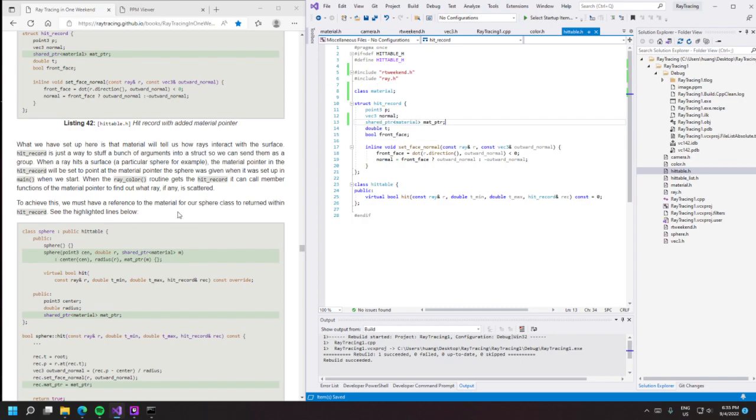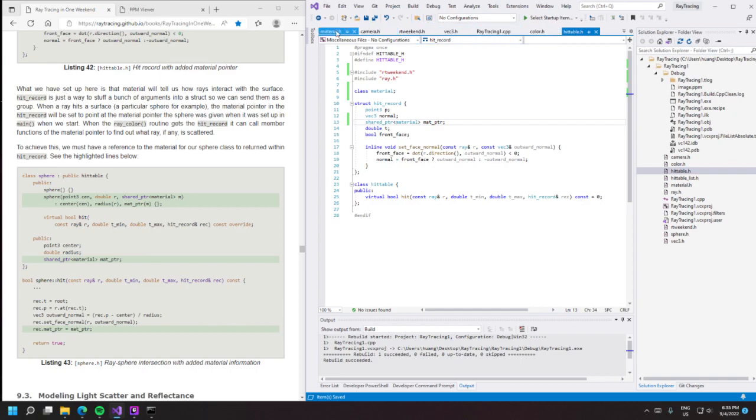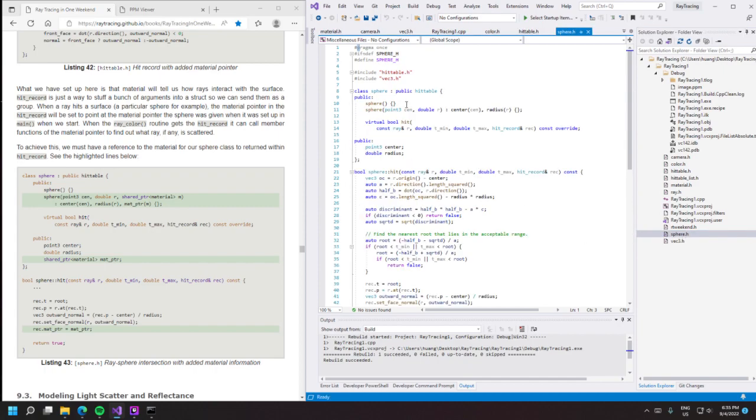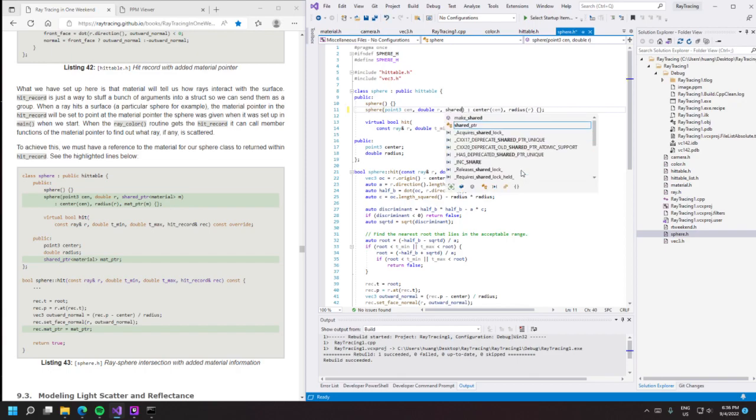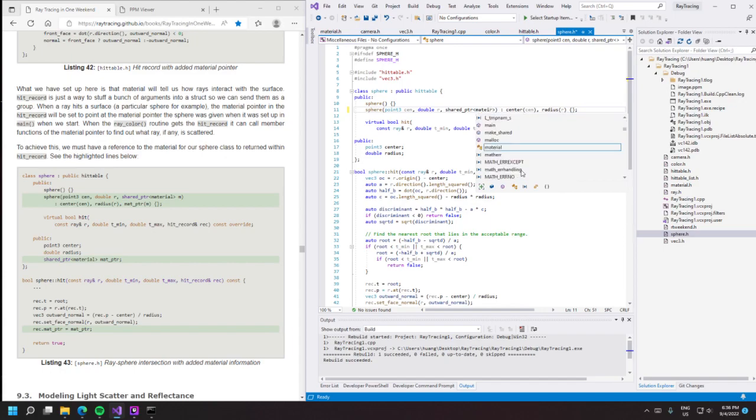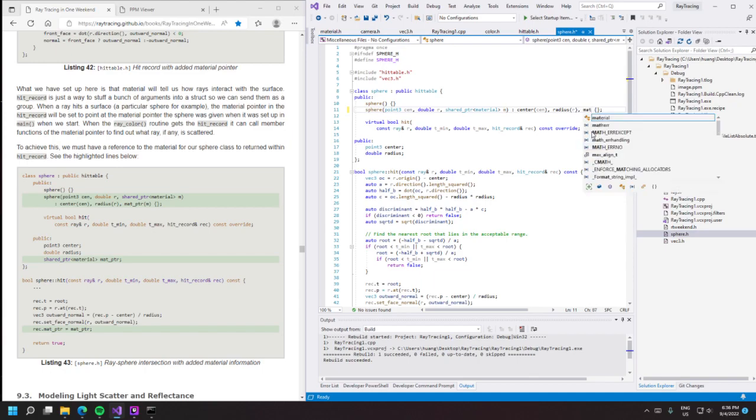To achieve this, we need to change the sphere class. Public. So we now add a new constructor that not only includes the point and the double, we also include a shared pointer that contains the material that we need for the sphere. So we also add this, we just initiate the material pointer basically.